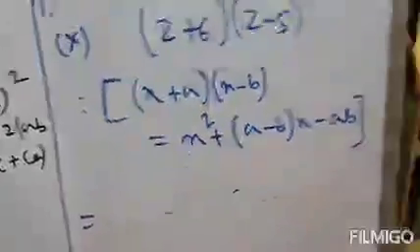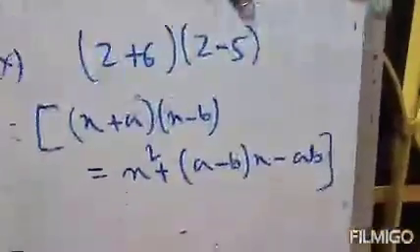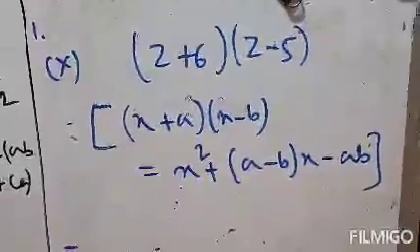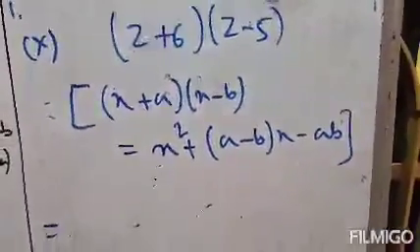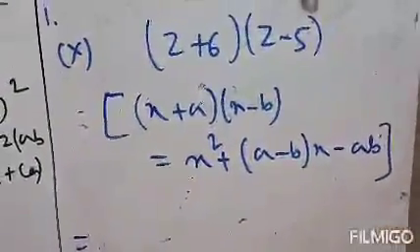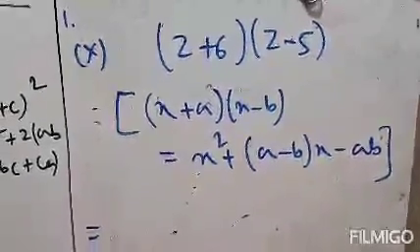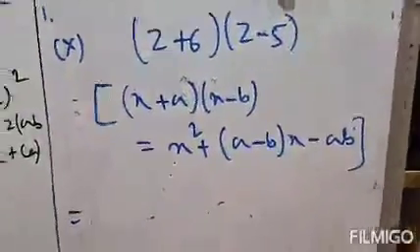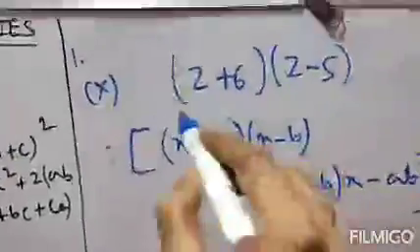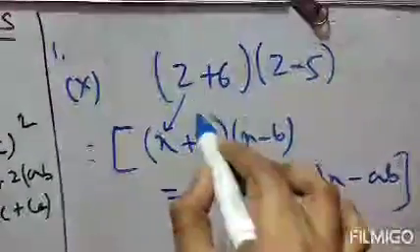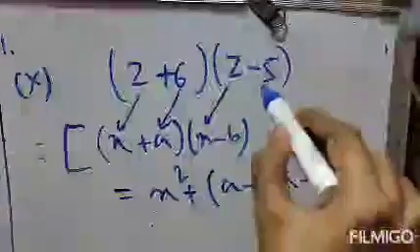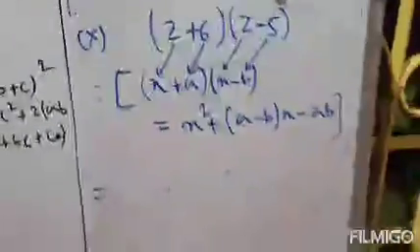Now the identity should be used as x plus a and x minus b, that is x square plus a minus bx minus ab. Clear? Therefore the value of x is z, value of a is 6, value of b is 5. Clear? Now put this.